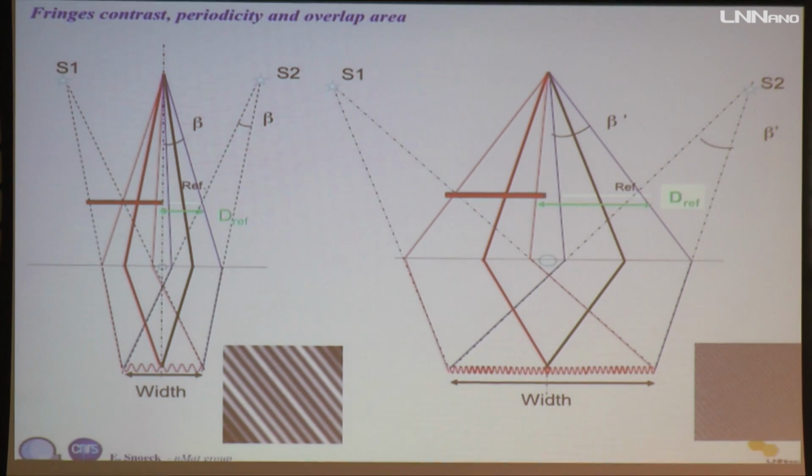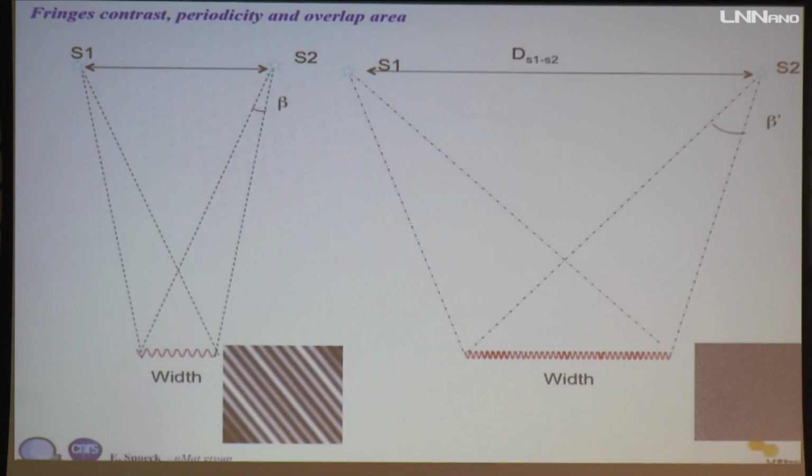So if you want to work on tiny materials, or on larger materials, maybe the material is too large, and you have to increase the overlap in order to study the whole system. So you have to increase the biprism voltage, but in doing so, you are decreasing the contrast as well.